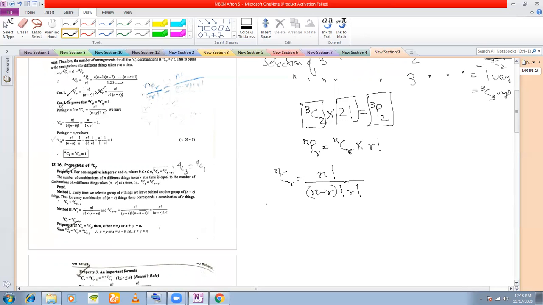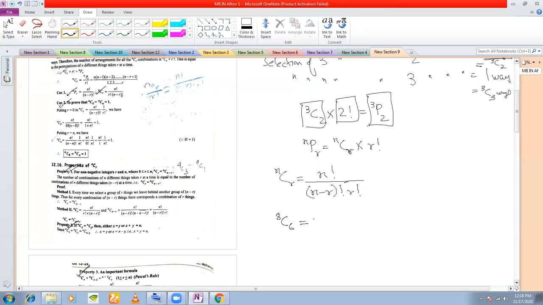Now, combination formula you can use directly, or there is a shortcut to calculate combination from this formula. Suppose I give you to calculate 8C6.